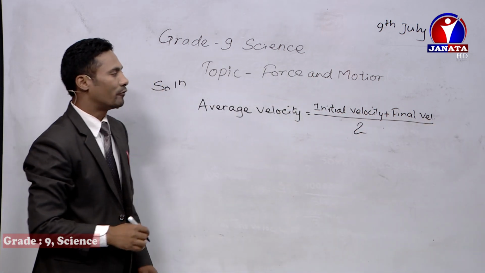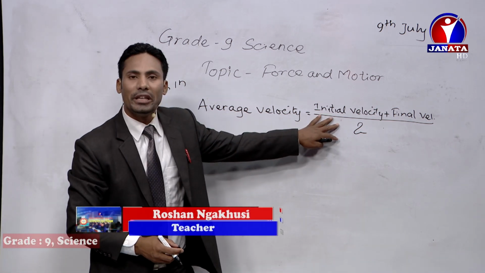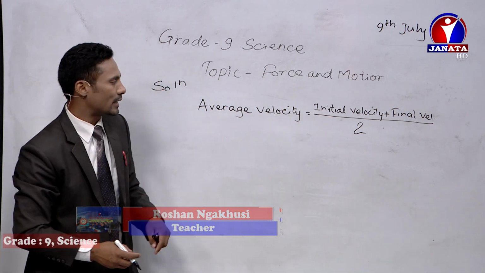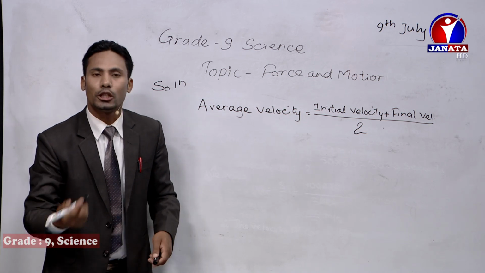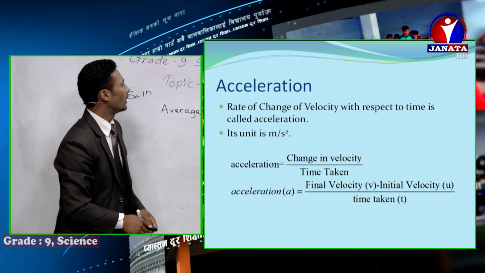That means average velocity is simply the arithmetic mean of the two velocities, the initial velocity and the final velocity. That is about velocity.